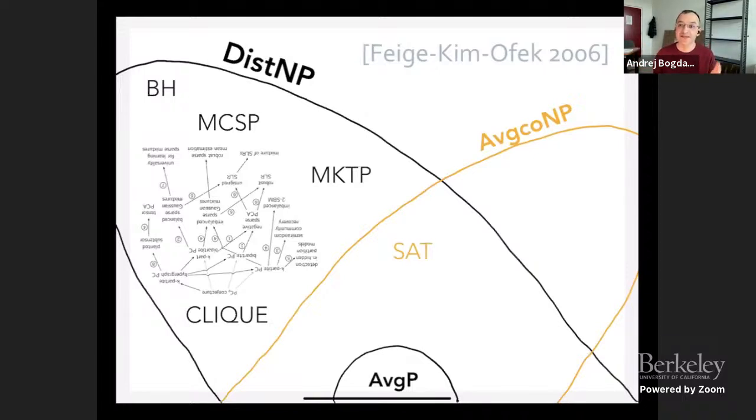So they showed that SAT, with close to variable density n to the 1.4 or something, has an average case algorithm, but it's a non-deterministic algorithm. You need to give it a witness, and it only works well on average.